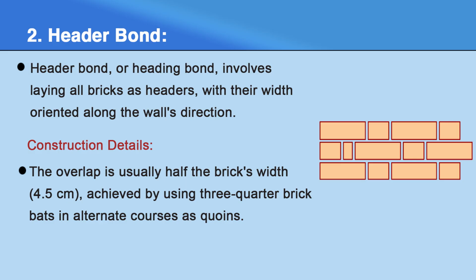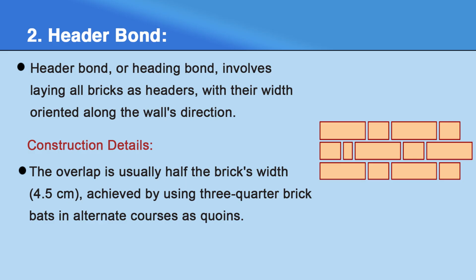This overlap is achieved by incorporating 3/4 brick bats. So, the brick bat means the bricks that are cut to 3/4 of their length. So, that is the 3/4 brick bat.